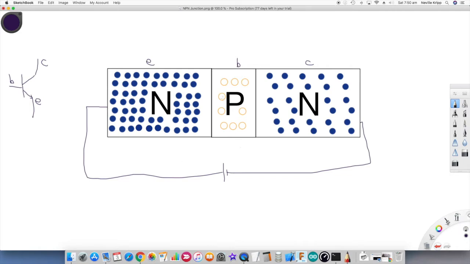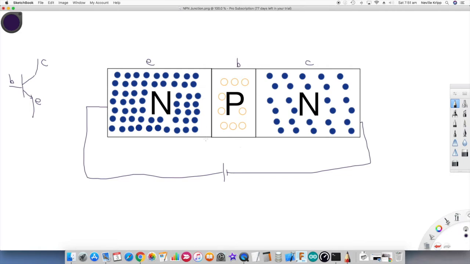Now let's take a look at the actual device in detail. We've got an NP junction here, which is just the same as a normal diode that we've looked at before. And please, if you haven't watched my previous video on semiconductors, go and have a look at that because it explains it in detail.